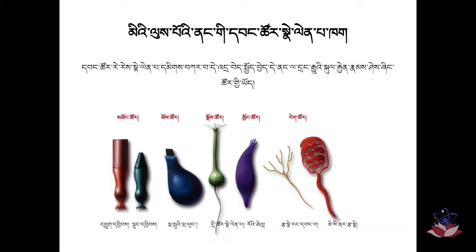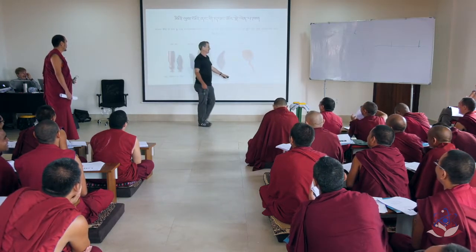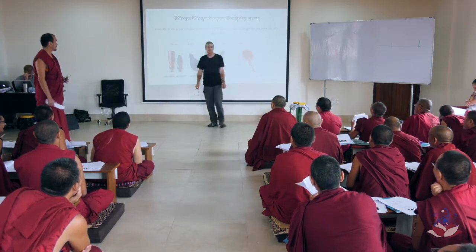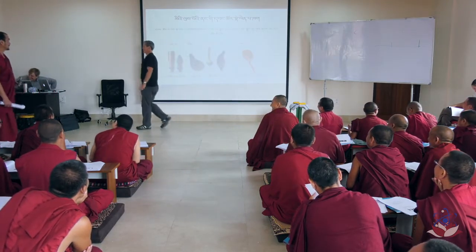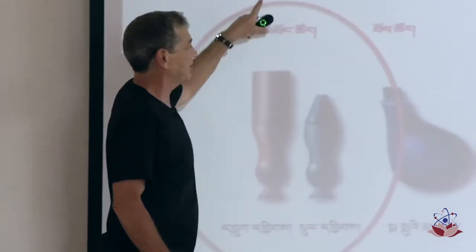what are these here? Something visual. Yeah, it's very easy. Just read what's on the bottom here. Cones and rods. Okay, so we're going to focus mostly right now on these two.